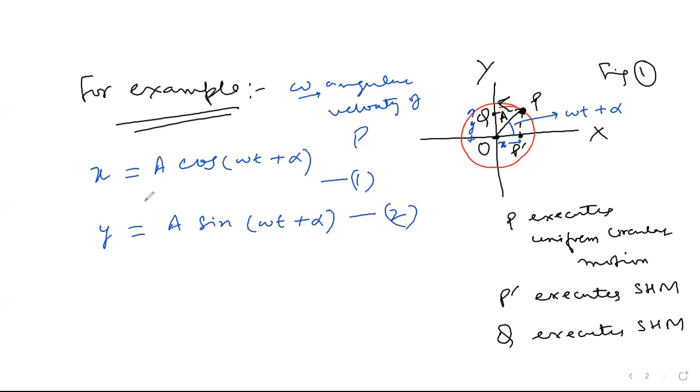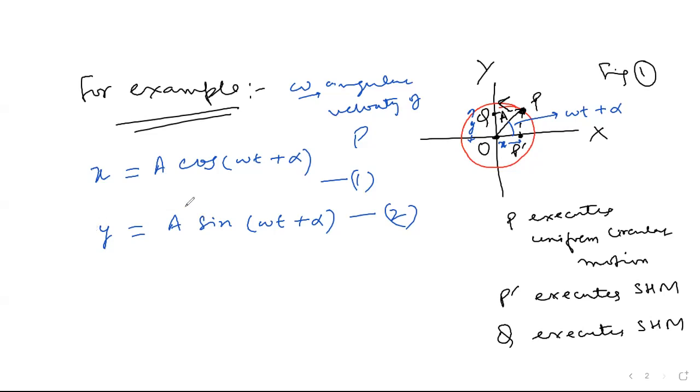You can see the equations 1 and 2, which give us the positions of P prime and Q, are the equations for simple harmonic motion, A being the amplitude of motion for these oscillations, omega the angular frequency, alpha the phase constant.